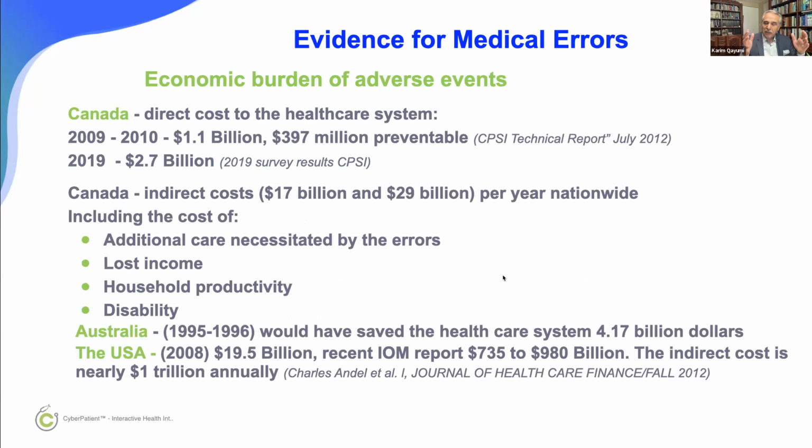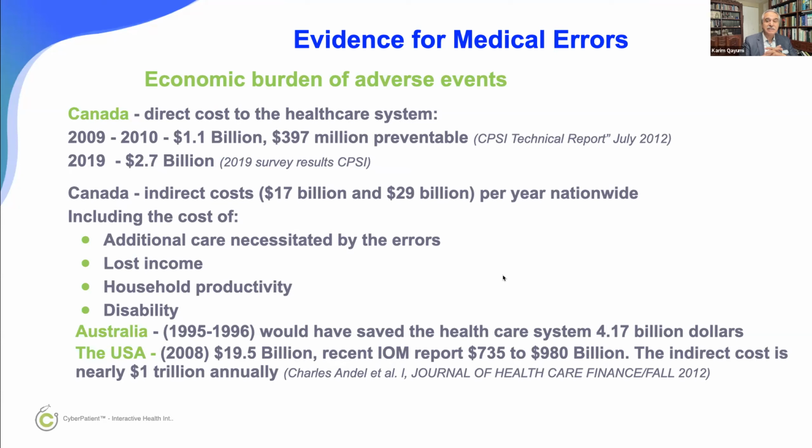Aside from the ethical issues and the human suffering that is caused by physicians and healthcare professionals, this is also a huge economic burden on the shoulders of the healthcare system.